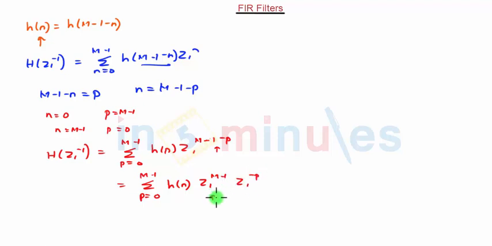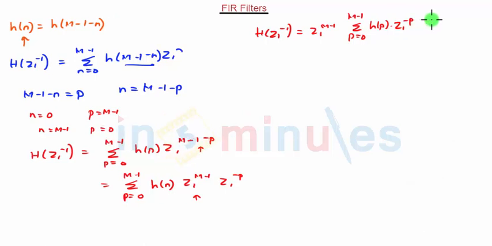Now z1 raised to M minus 1 can be brought out. So H of z1 raised to minus 1 is equal to z1 raised to M minus 1 into summation p is equal to 0 to capital M minus 1 h of p into z1 raised to minus p.